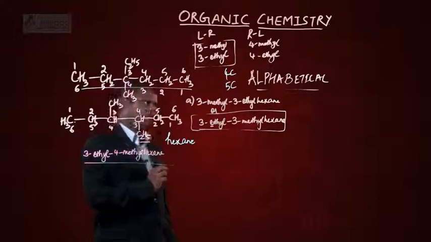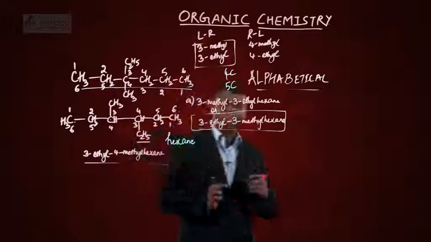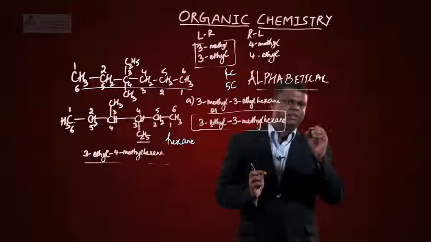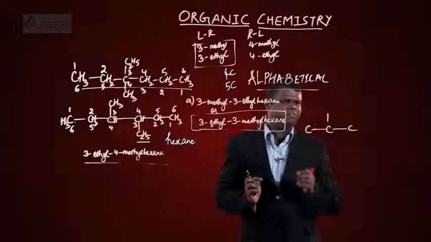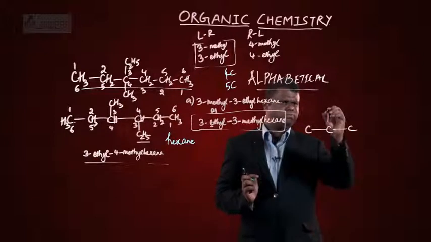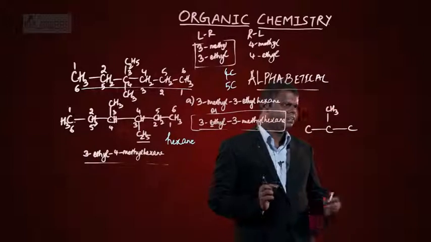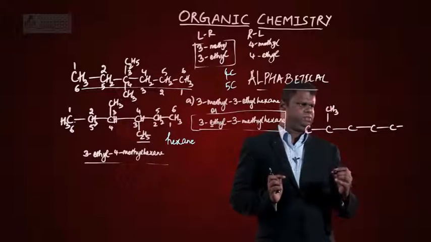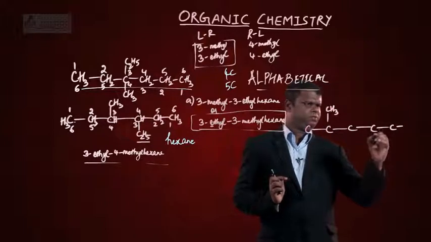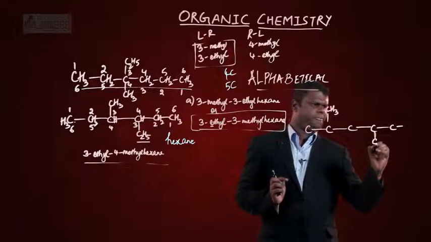Now let's move on to the same example but with a little bit of variation. You have 1, 2, 3, then you have a methyl group over here, and you have something like this. Okay.